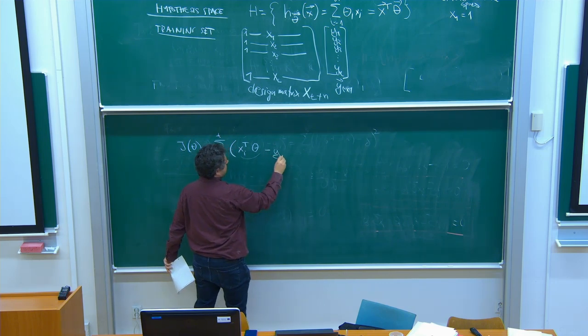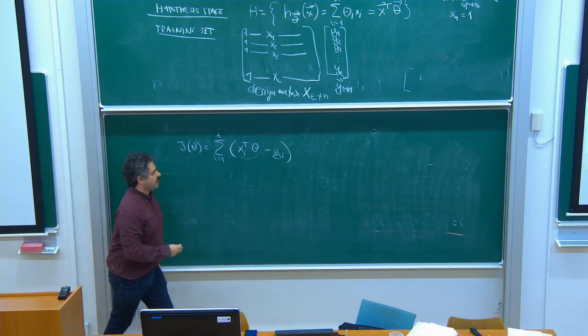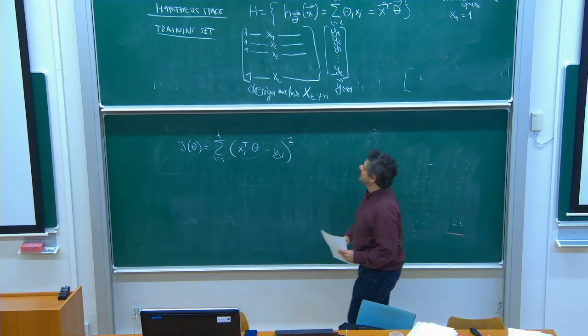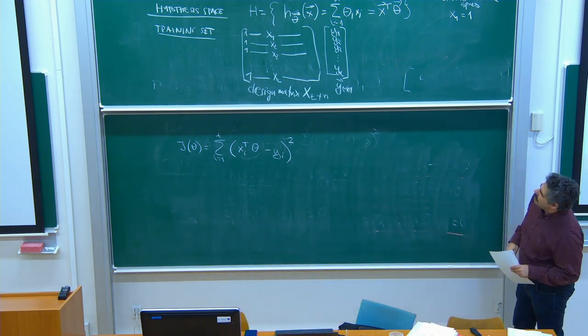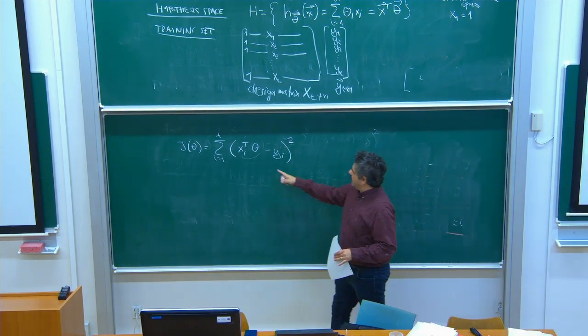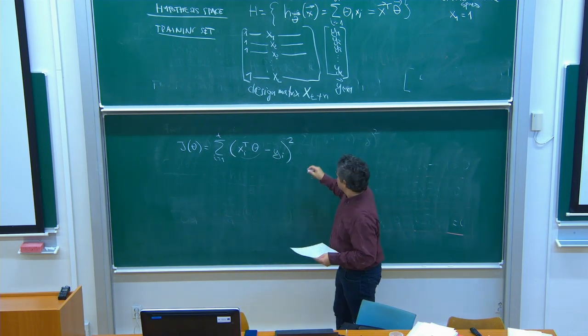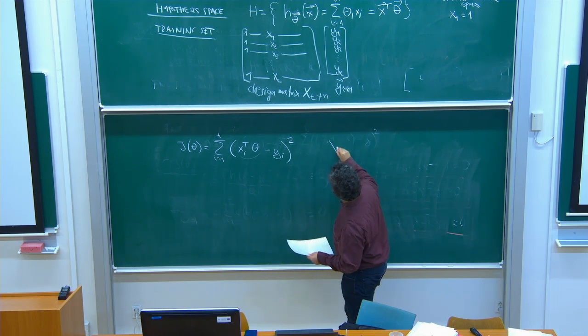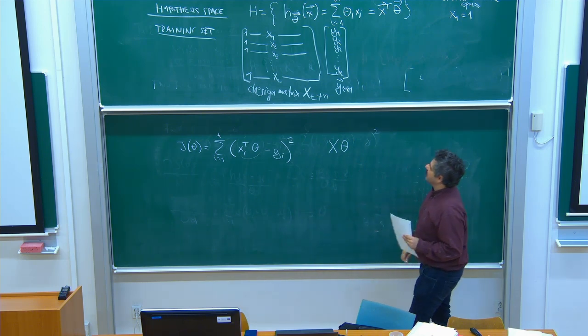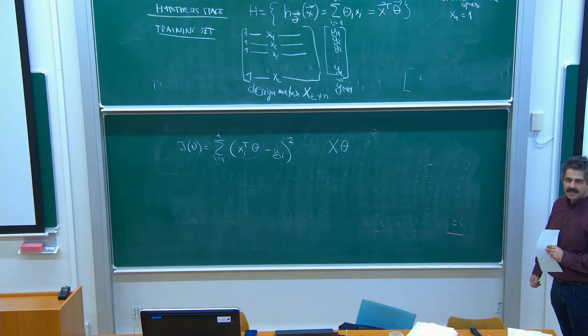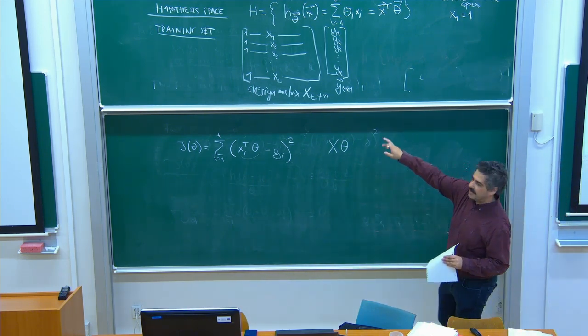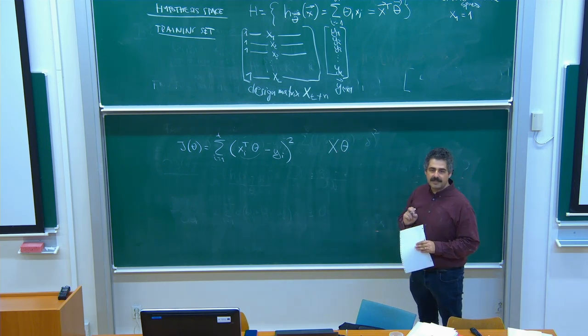And we want this difference, right? Now I would like to compute all of this at the same time. If I take the whole design matrix and multiply it by theta, what do I get?